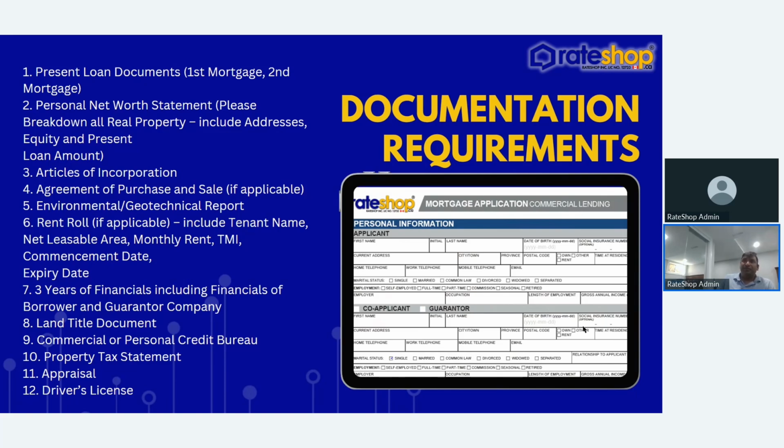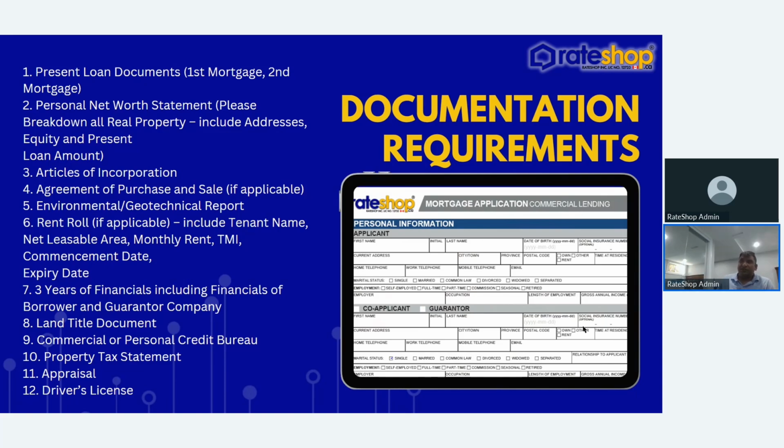T2s can be replaced, but it is required for us to review the paperwork and to understand a commercial transaction. So even if you're buying an office, in some cases, if you're buying the office for the first time, if you're a sole proprietor, and you're making enough money, then the business financials would be replaced with your T1 Generals and NOAs because you're making enough money and now you're setting up an office.